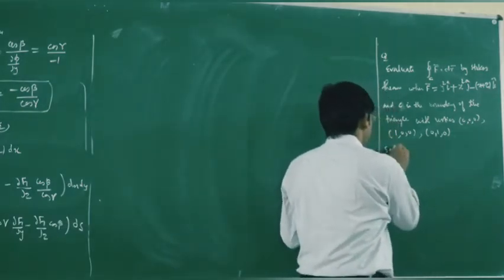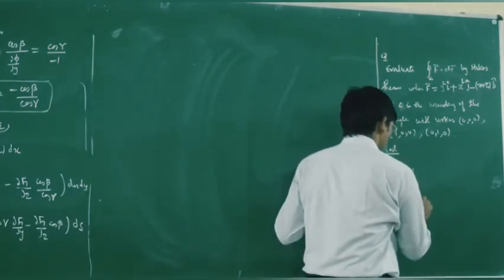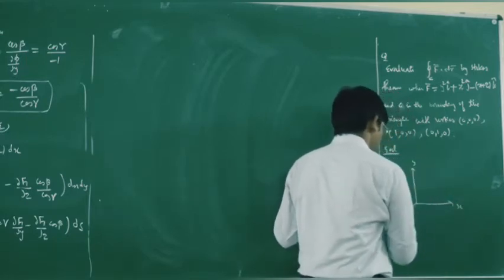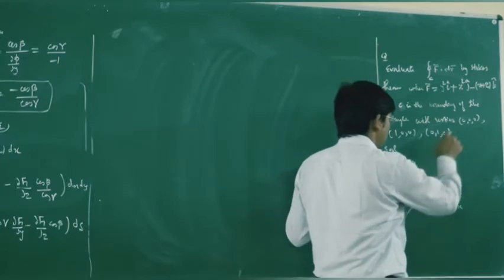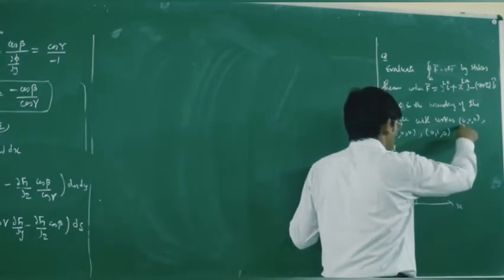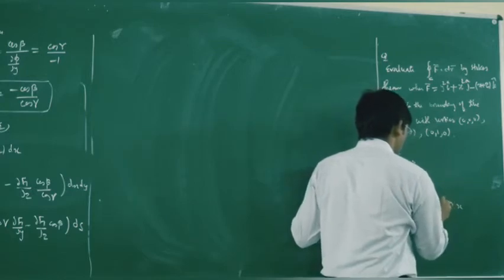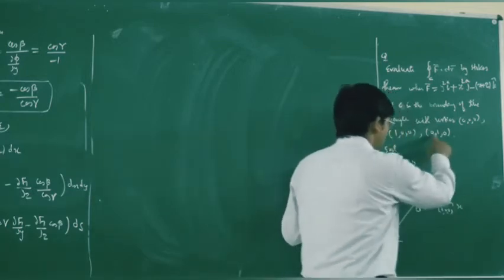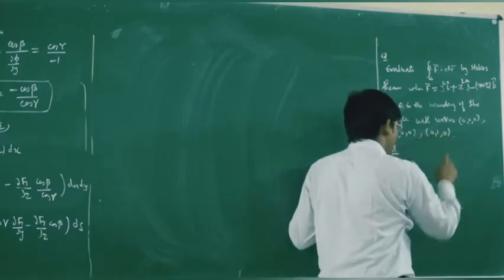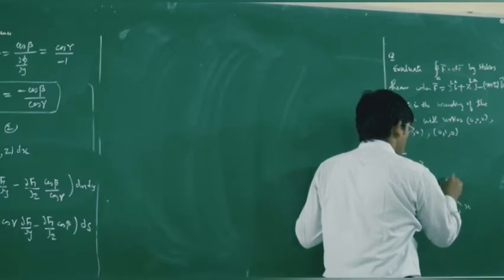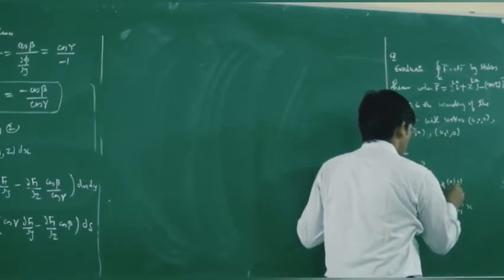So solution: say this is your x-axis, say this is your y-axis, and say this is your z-axis. Here your origin is this point O, then we have x as 1, so this will be (1,0,0). Then with x as 0 and y as 1, this will be somewhere this point (0,1,0).